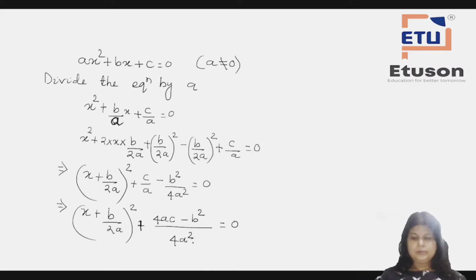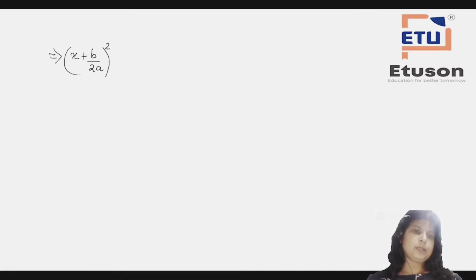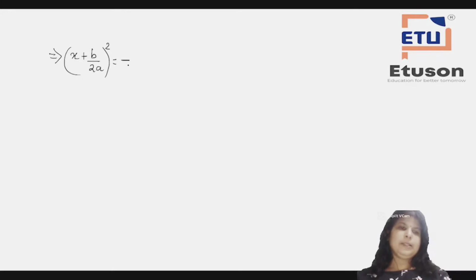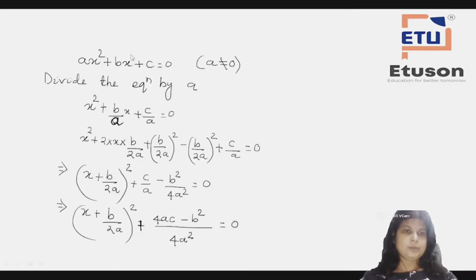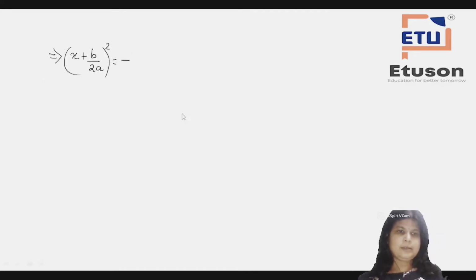Correct or not? So now what you have got is x plus b by 2a whole square is equal to minus of, let us check what it was. It was minus of 4ac minus b square divided by 4a square.